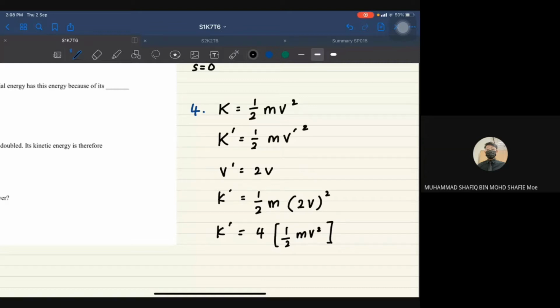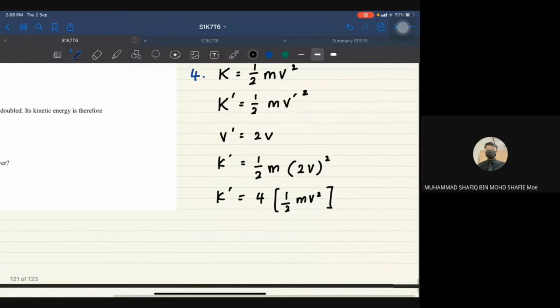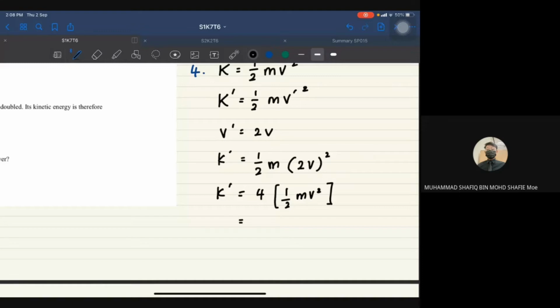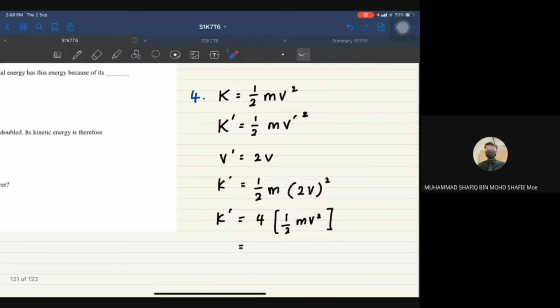Here you can see that this term is exactly the same as this one, which is K. So I can substitute back the K. Now my K prime equals 4K. It means that the kinetic energy is now quadrupled, 4 times the initial K. Do you guys understand or not?